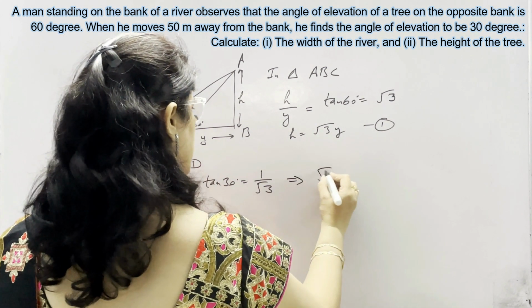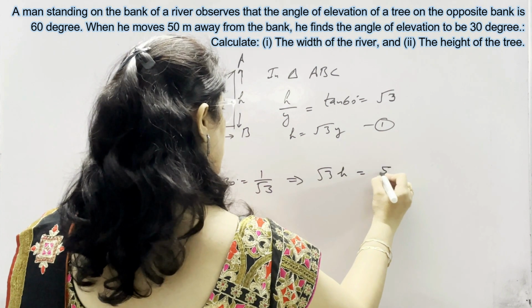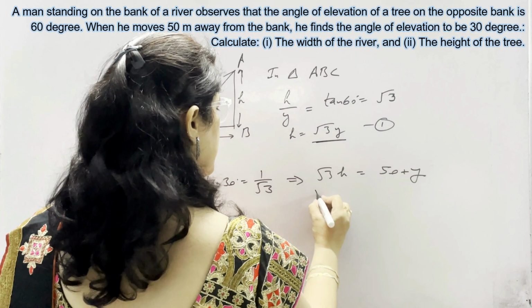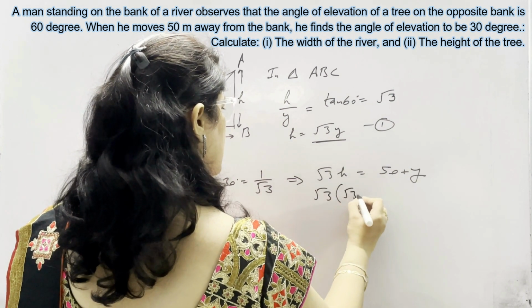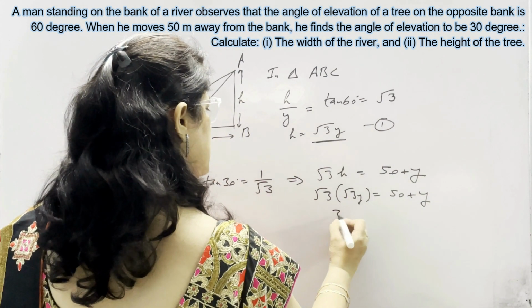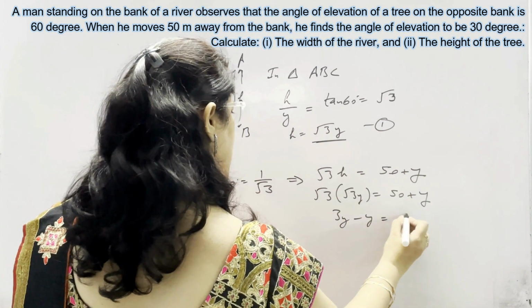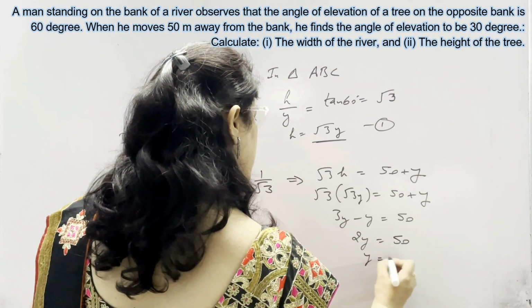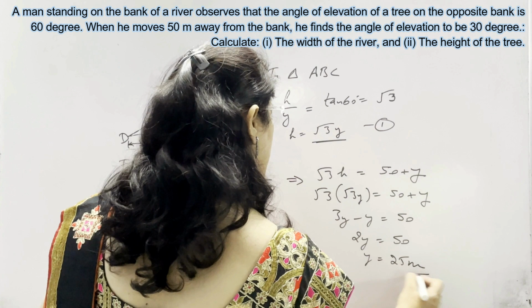Cross multiplying, under root 3 h is equal to 50 plus y, and the value of h is under root 3 y, so 3y is equal to 50 plus y. So 3y minus y is equal to 50, 2y is equal to 50 and y is equal to 25 meter.